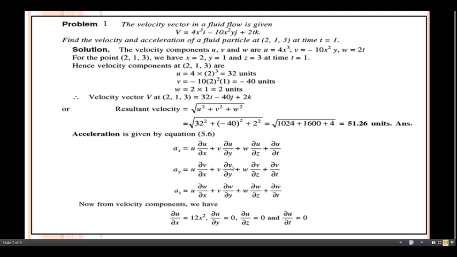So what about ∂v/∂y? The derivative of y with respect to y is 1. So what do we get here? Minus 10x squared. Similarly, if I differentiate with respect to z, what do we get here?